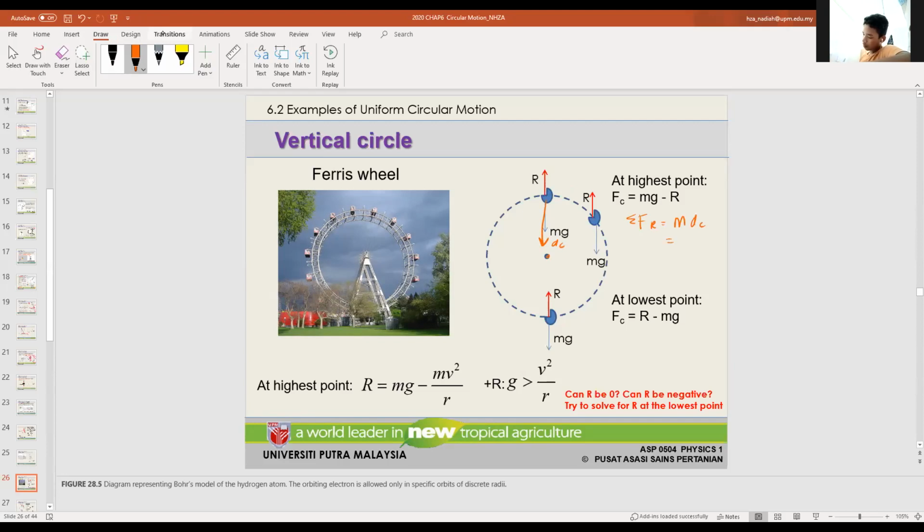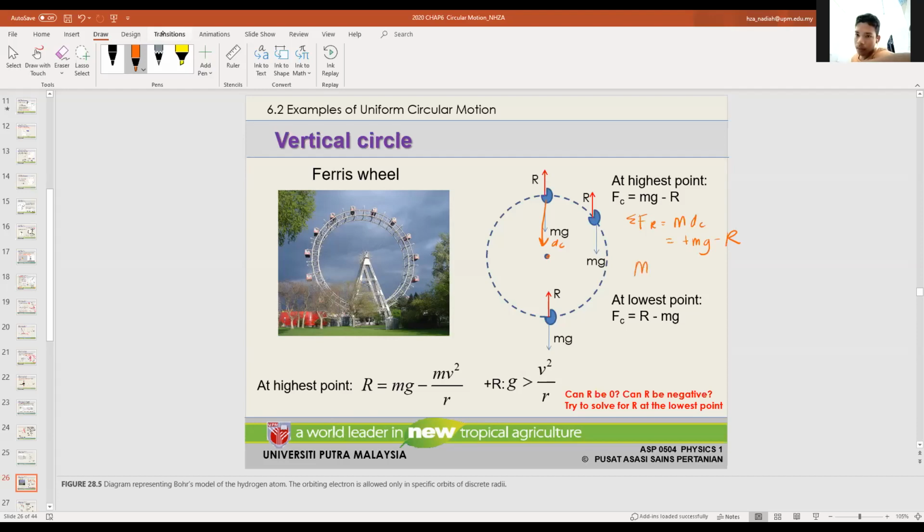What is acting in the AC direction? The forces acting in the radial direction is positive mg because mg is pointing towards the center, minus R because R is going opposite direction as the AC. Apa-apa yang terbalik daripada AC, it becomes negative.